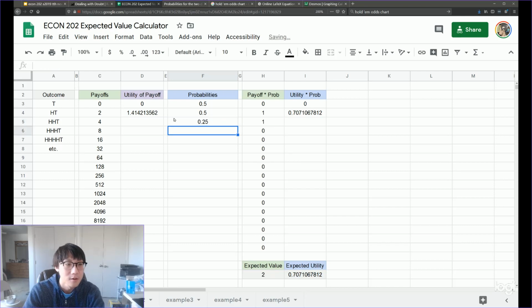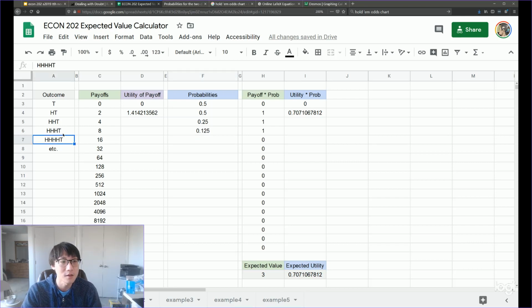Okay. What is the probability of getting 3 heads in a row? The probability of that, as it turns out, is 1/2 times 1/2 times 1/2, or 1/2 raised to the power of 3. Okay? So basically, in each situation, you're half as likely to get 4 heads in a row as you are to get 3 heads in a row.